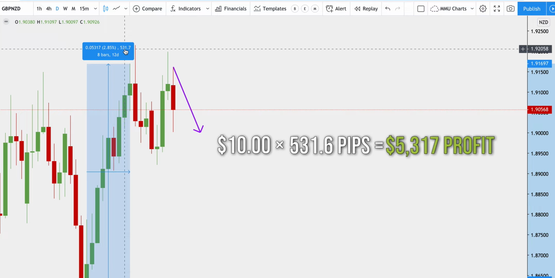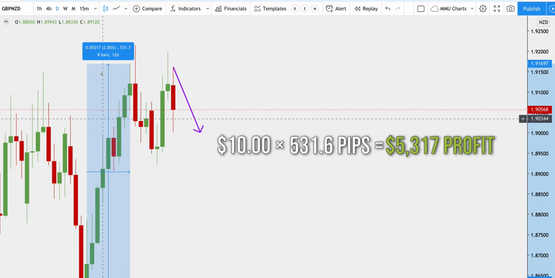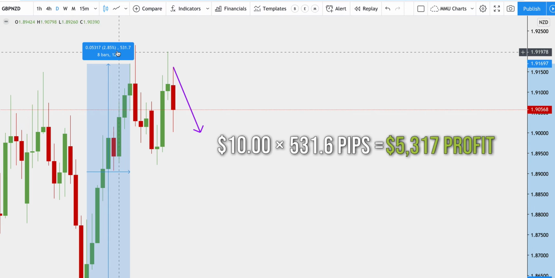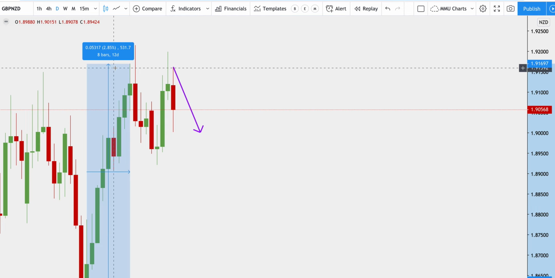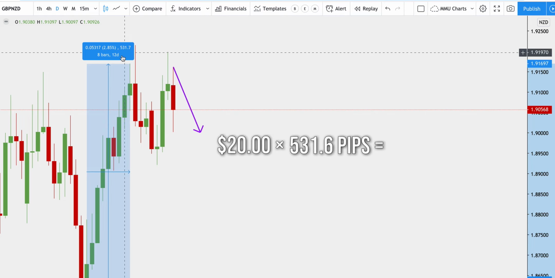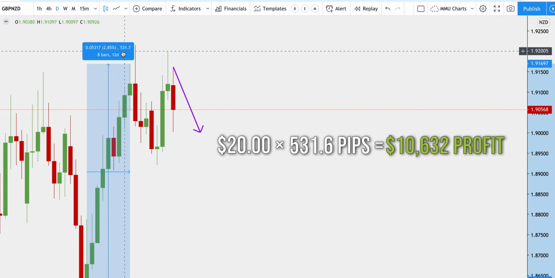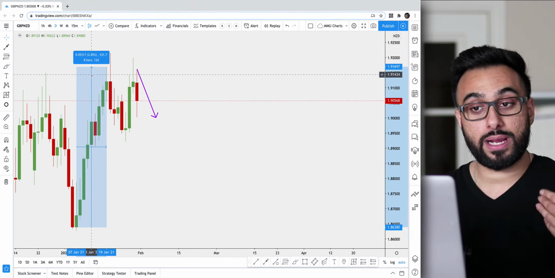Calculating this at $10 per pip, this would be a $5,300 trade that took 12 days to complete. And if you did two lots on this trade, this would be $20 per pip. So 20 times 500 pips, that's a $10,000 trade.